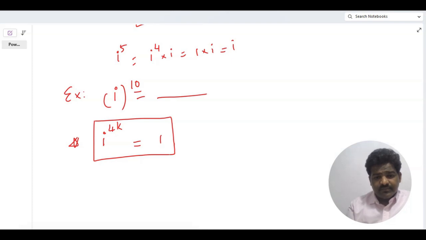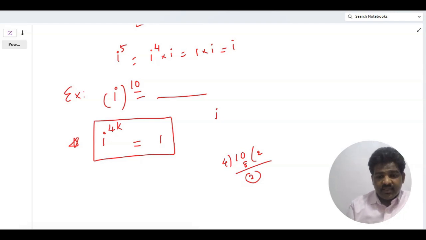Now i to the power of 10, how will you write in terms of 4 multiples? I just write 10 divided by 4. What is the remainder? 4 2s are 8, the remainder is 2. So I write 10 as 4 into 2 plus 2.